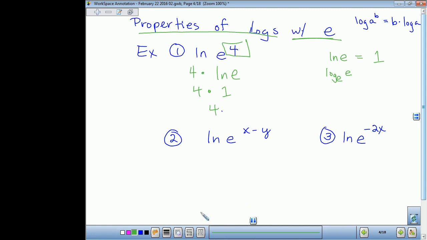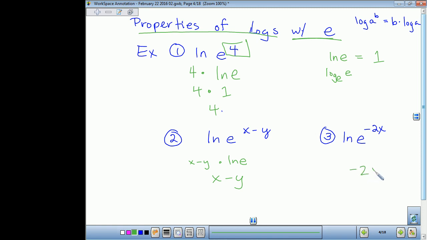Okay, what do you think about number 2? X minus Y, because we pulled that out in front. We know that the value of ln of E is 1, because ln means log base E. So it does absolutely nothing? No, it does a lot. It evaluates the expression, and you have to multiply. What do you think the answer is?